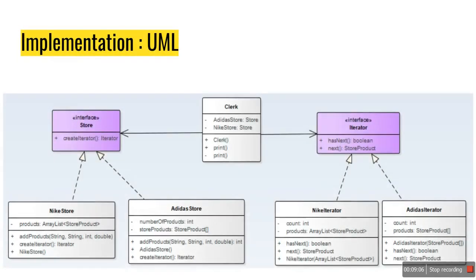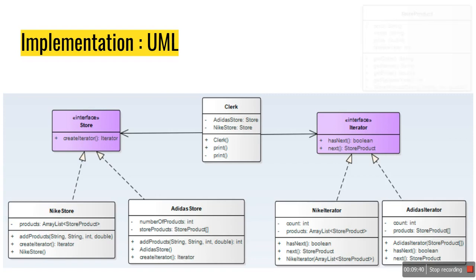This is the implementation of the UML. As we see, the structure represents very well the structure of the iterator pattern. In here we have a client, which is defined by the clerk class, where we define the two different types of stores, and of course we have the constructor for the clerk and the different functions. We have the two interfaces, one for the store, one for the iterator, and from both interfaces we have the concrete classes, where we implement the Nike store, the Adidas store, and of course the two iterators for the two stores.